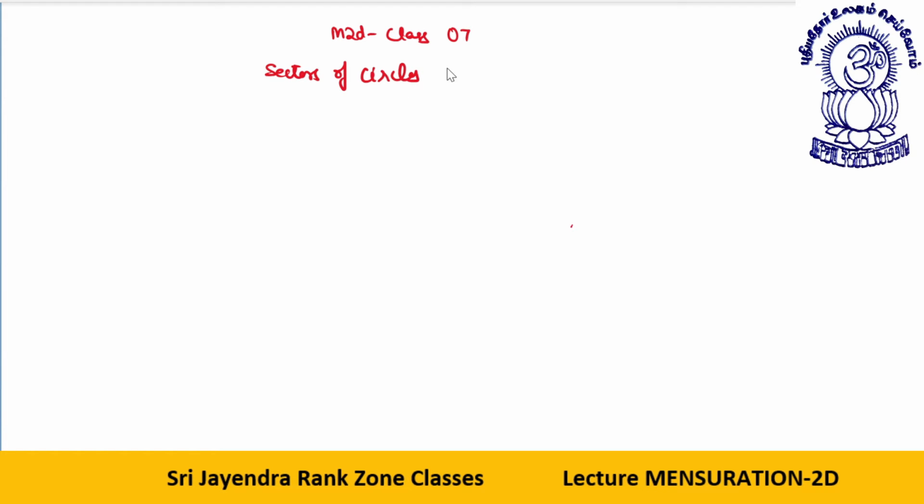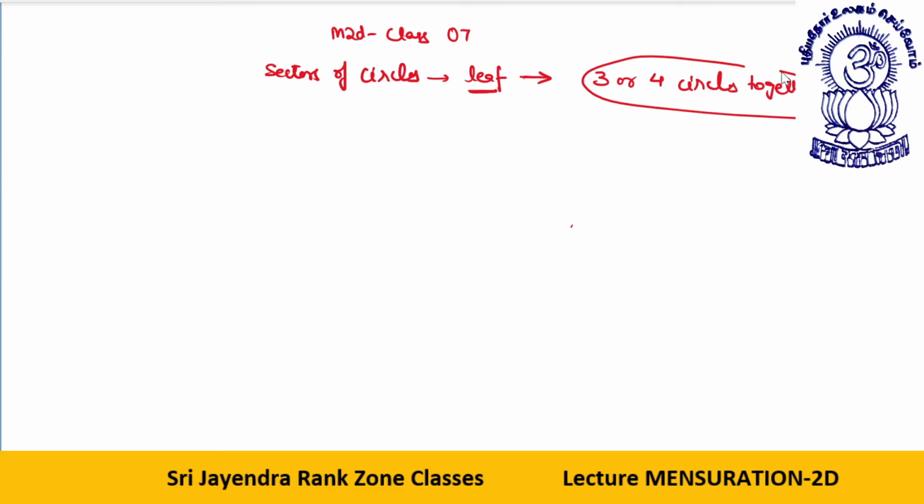Then based on sectors of circles, there is a very important concept of leaf, which I will tell you towards the end of this class. After this, I will be dealing with combinations of circles, or three or four circles together. This is all we will be covering in today's class.